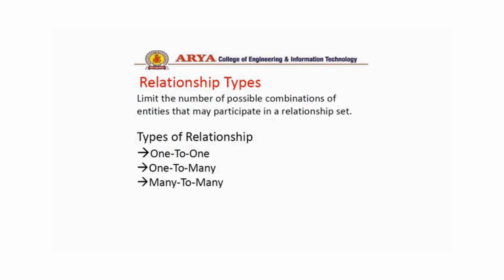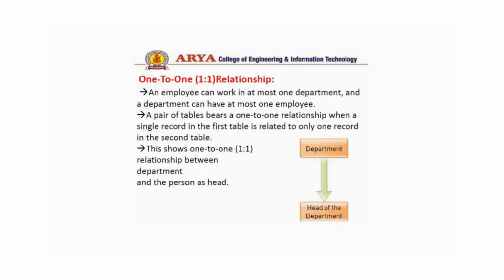Different types of relationships. Relationship types limit the number of possible combinations of entities that may participate in a relationship set. Different types of relationship sets are available: one-to-one, one-to-many, and many-to-many. Now we start one-to-one relationship. An employee can work in at most one department and a department can have at most one employee.